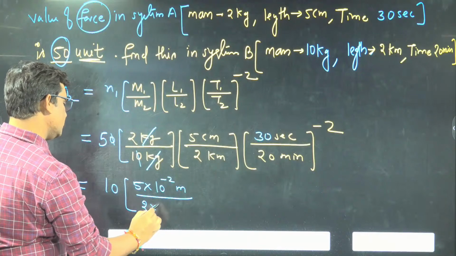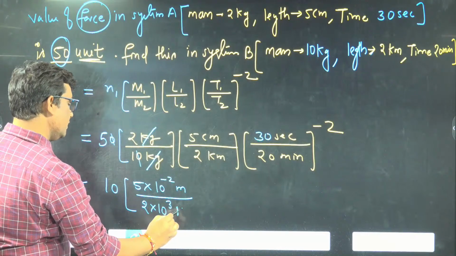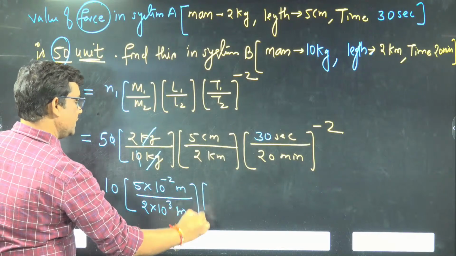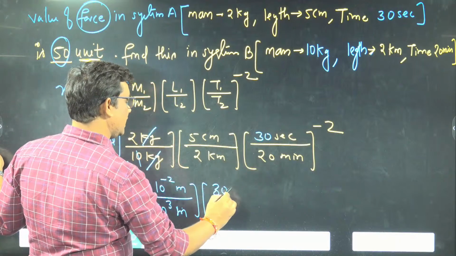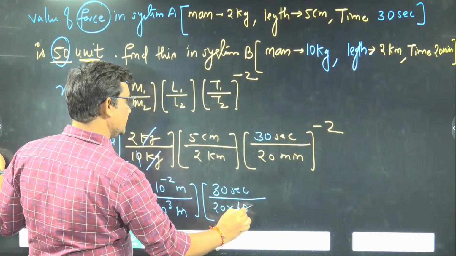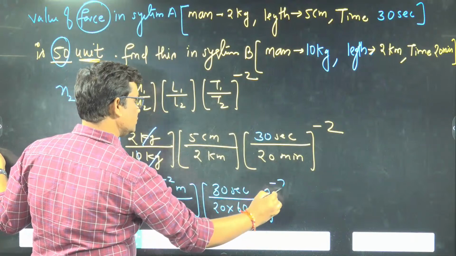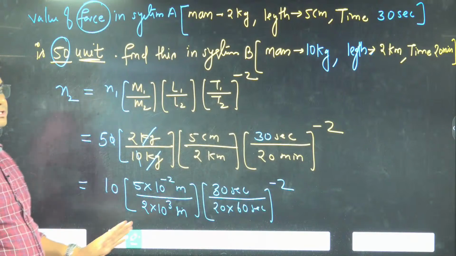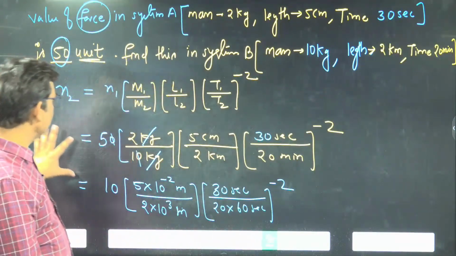And 2 kilometer is 2 into 10 power 3 meter. And 30 second will remain as second, divided by 20 and 1 minute will be 60 second, power minus 2. I hope up to this conversion is clear. I am just putting the values here.